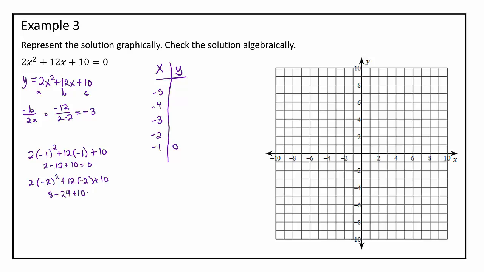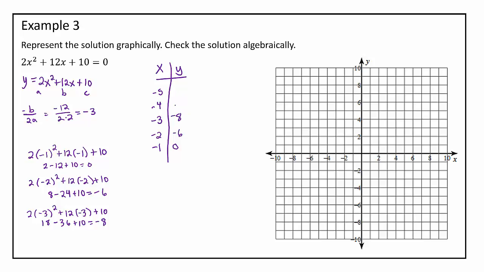These numbers are a little bigger than would be nice, but that's okay. This ends up being -6. Then we do -3. And get 9 times 2, which is 18, minus 36 plus 10. So that's 28 minus 36, which is -8.